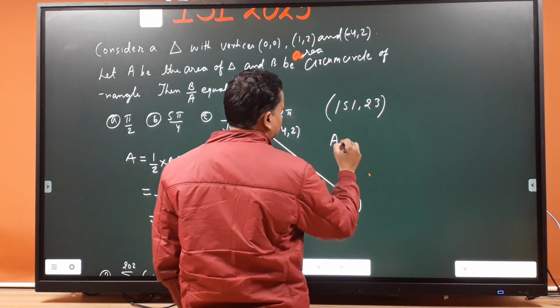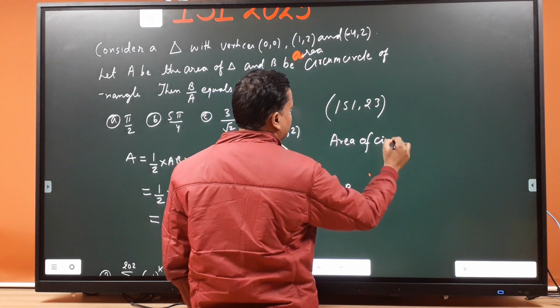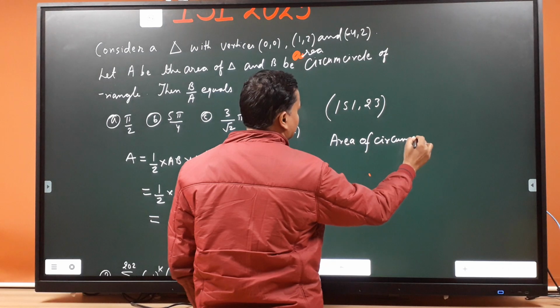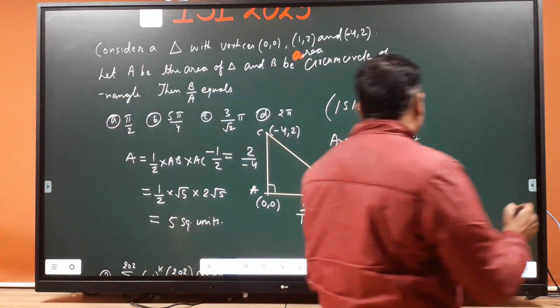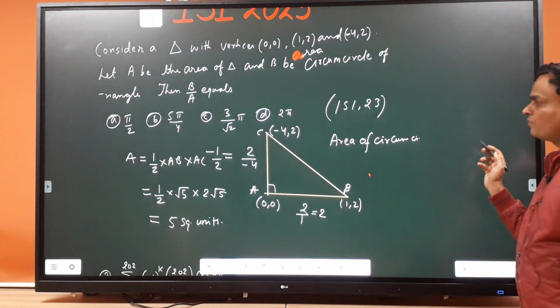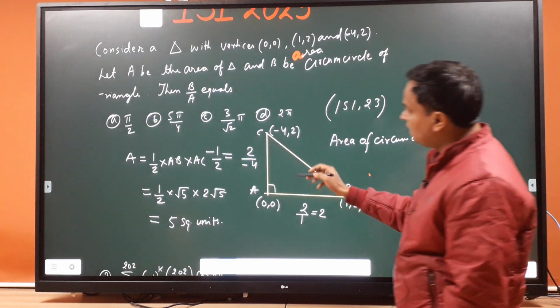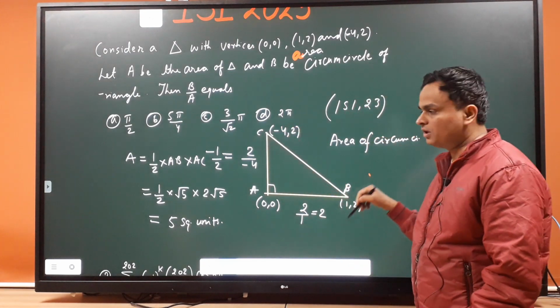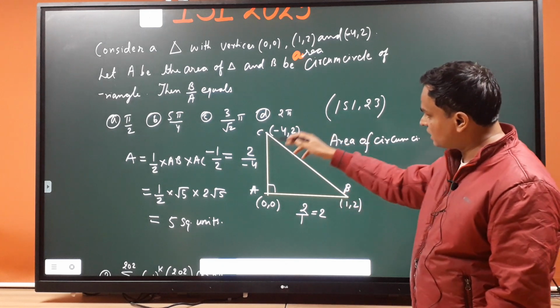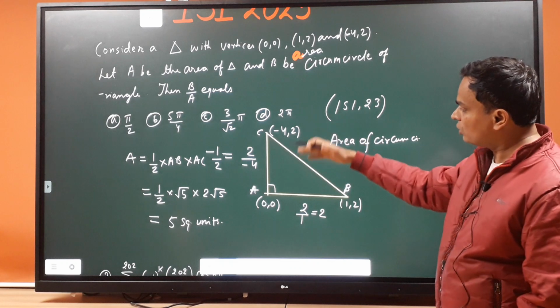We all know by the property of circles that a diameter subtends an angle of 90 degrees at the circumference of a circle. So if this is 90 degrees, that means BC should be the diameter of the circle. And obviously that circle would be the circumcircle, because it would be touching all three vertices of the triangle.